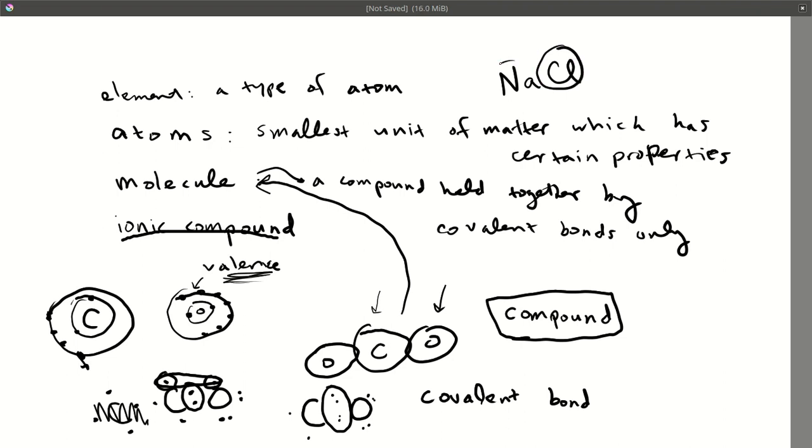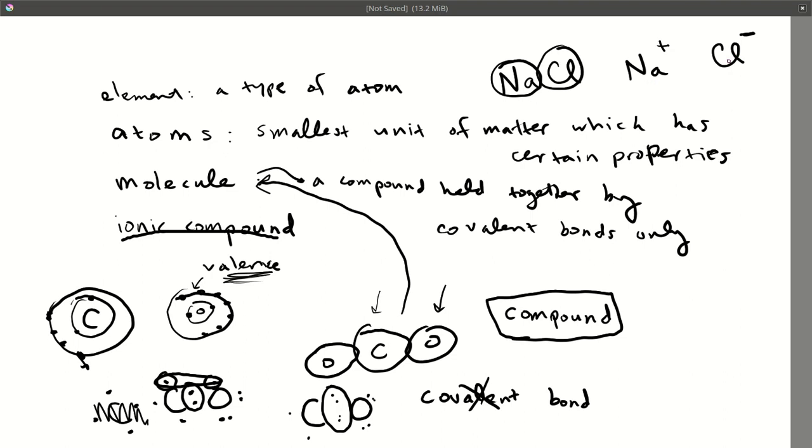So here's the chlorine atom, here's the sodium atom. They do not share electrons. It is not a covalent bond. Here's what happens with sodium and chloride. Sodium forms a positive ion, and chloride forms a negative ion. So this is no longer pure sodium. This is no longer pure chlorine.